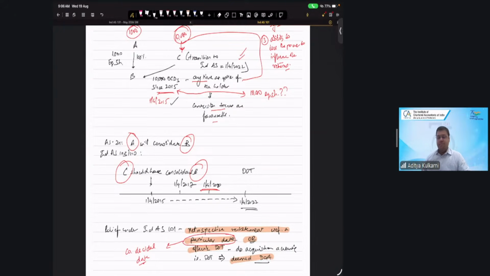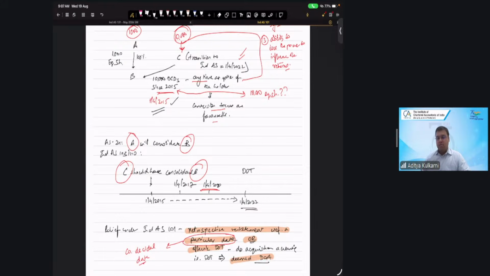Now understand. If C had to converge to Ind AS, it should consolidate B right from 1st April 2015 because that was the date when it had the control. Yes or no? See, OCD since 1st April 2015. So it had to consolidate right from 1st April 2015.